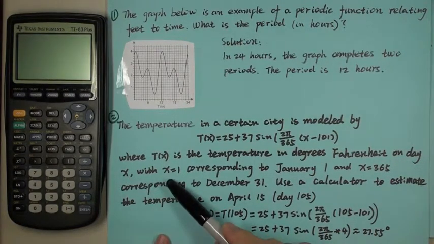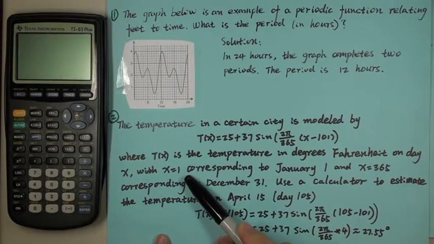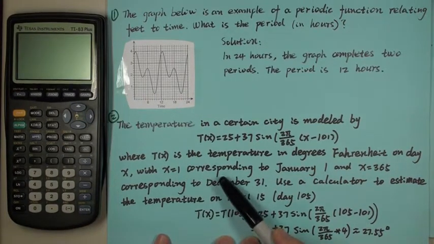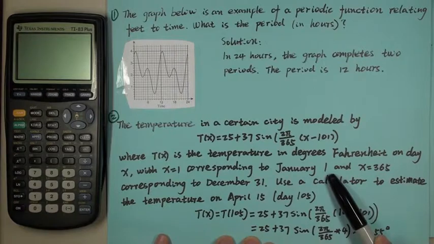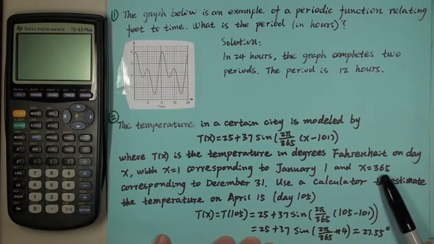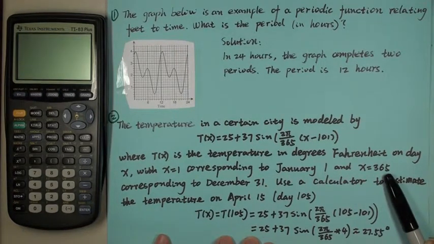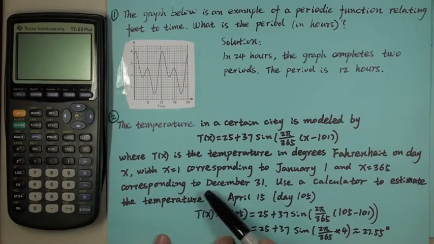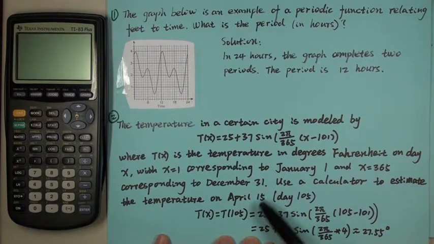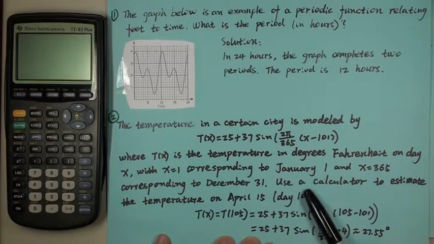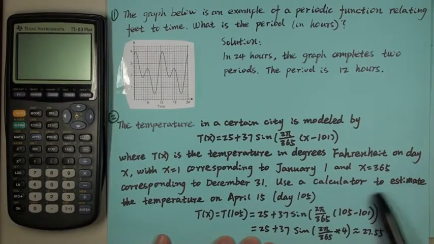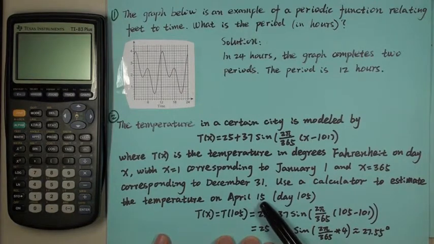For x equals 1, corresponding to January 1st, and x equals 365, corresponding to December 31st. It asks us to use a calculator to estimate the temperature on April 15th.